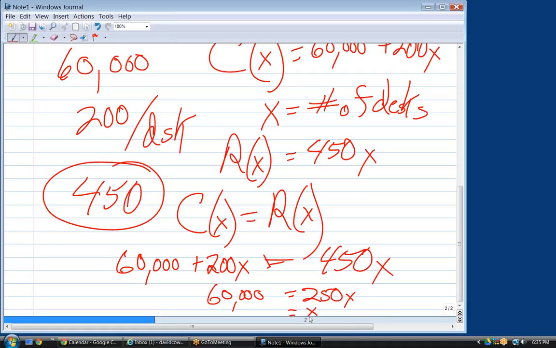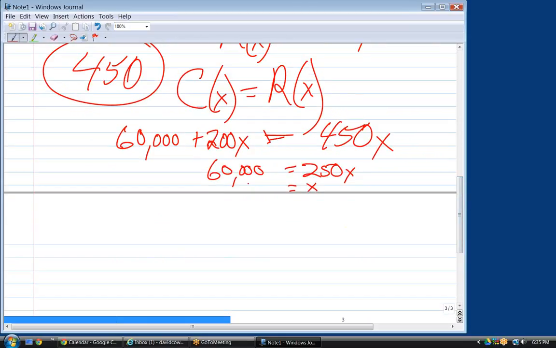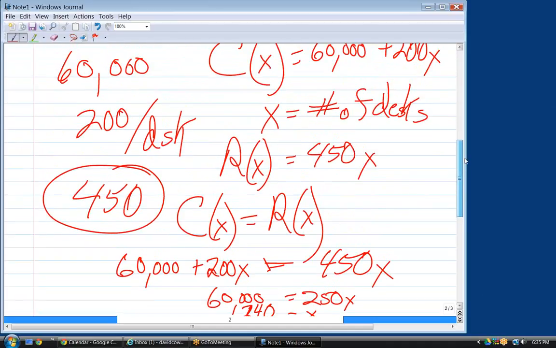So what does x equal? 250x equals 60,000. Do you have a calculator? 240. Okay. So if they make and sell 240 desks, they will break even. The break-even function is based on selling every one that you make.